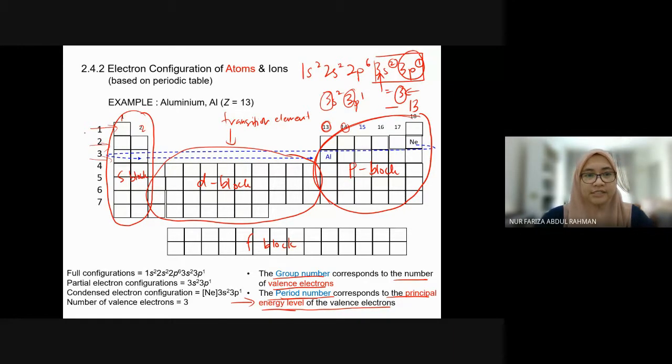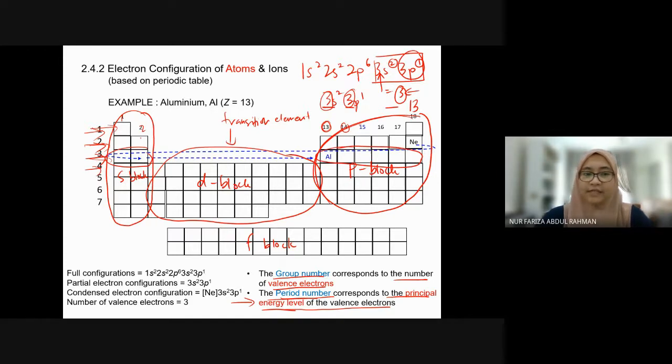So n is equal to 3. So we are going to look for aluminium at principal energy level n is equal to 3.